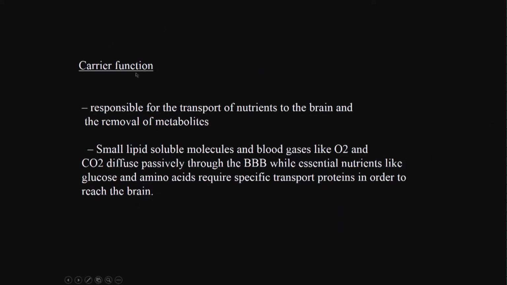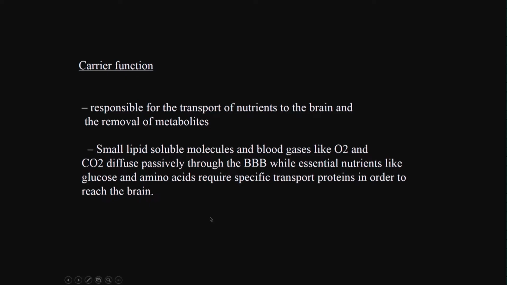Now the carrier. These are responsible for carrying material from outside into inside, like nutrients to the brain, and removal of metabolites. Small lipid soluble molecules and blood gases like O2 and CO2 diffuse passively through the BBB, while essential nutrients like glucose and amino acids require specific transporter proteins in order to reach the brain.